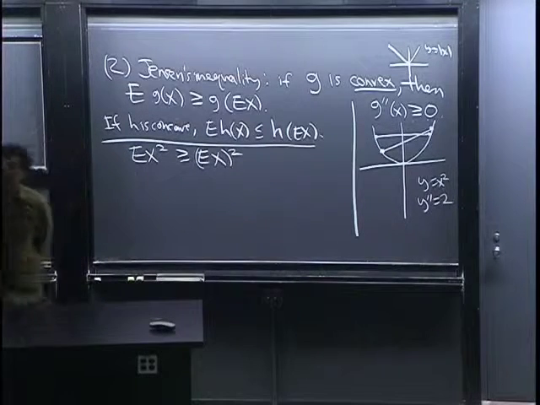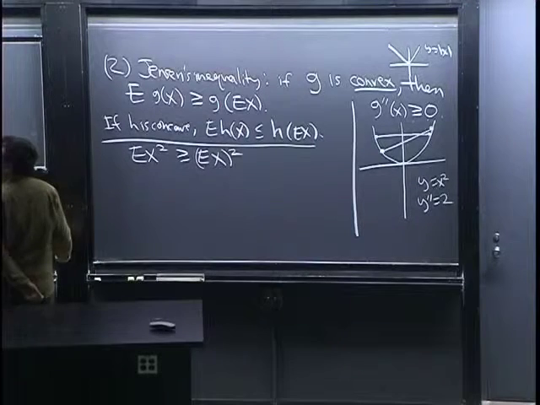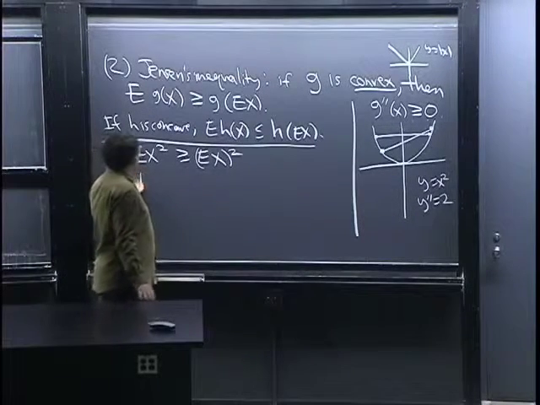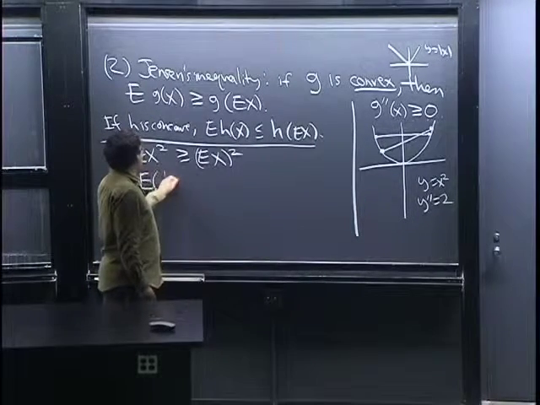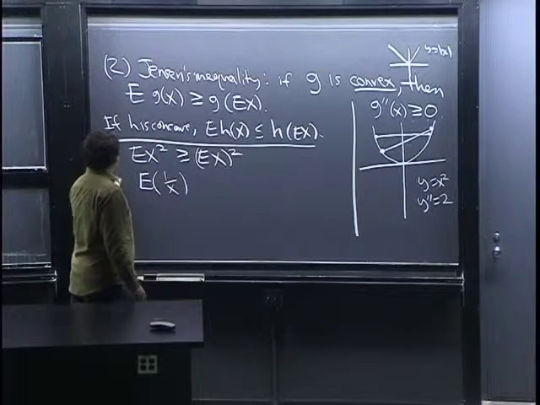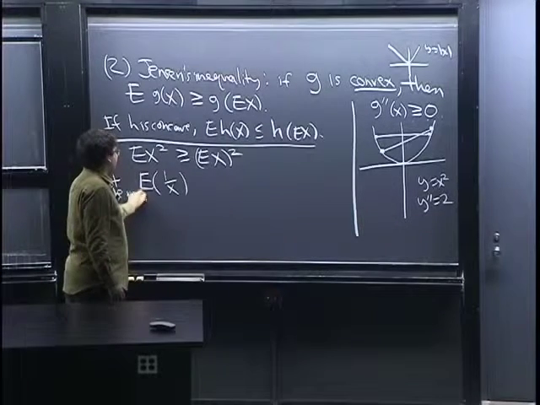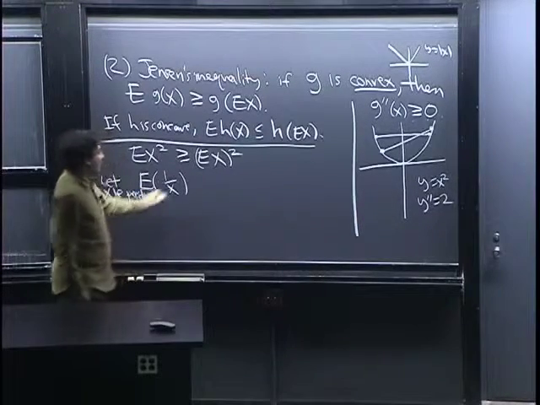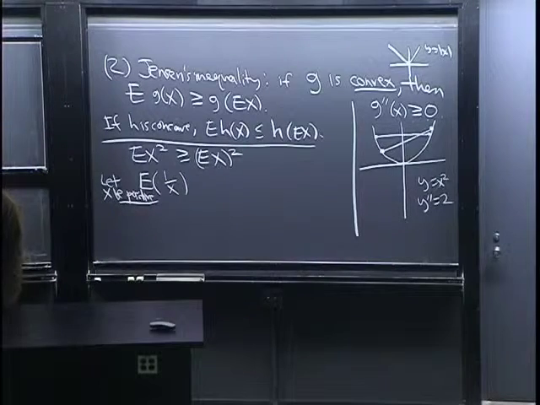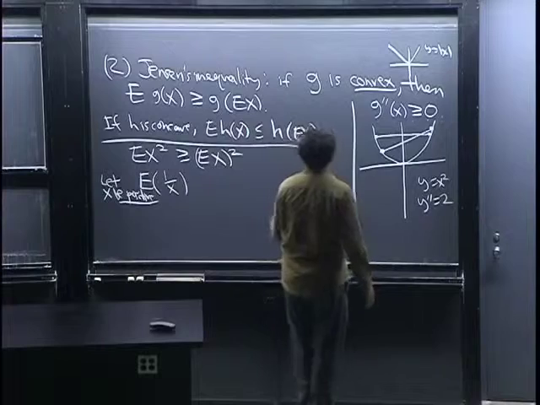Okay, so to do a couple other quick examples, then we'll prove this theorem. What if we had the expected value of 1 over x, and let's let x be positive. Positive random variable for this part. I don't have to worry about dividing by 0 or negative numbers and stuff like that.